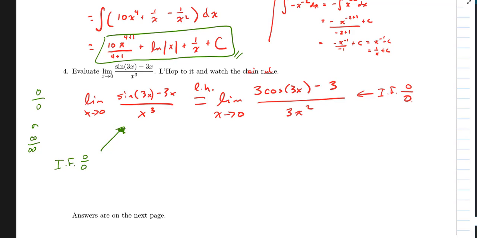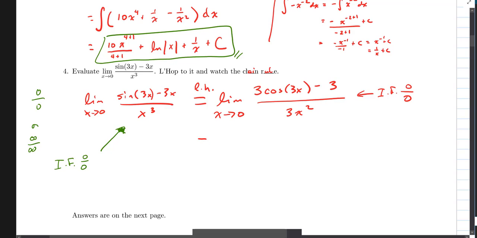So that worked, so I think we should try to apply L'Hopital's rule again. If I apply it a second time, we get minus 3 times the cosine of 3x. Oops, we got times another factor of 3, so I'll just make that minus 9, all over 6x.